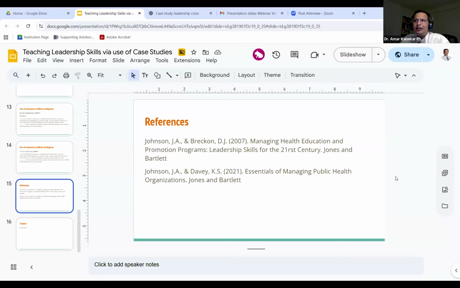I use it in this, and at some point I do ask my students what they think about this particular modality, and they do like it because it generates a lot of thinking and it helps in understanding these concepts in a better way.